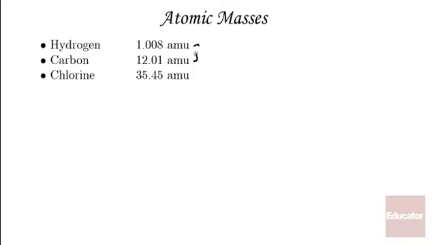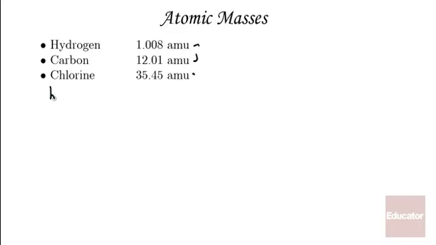The third one, chlorine, is very different. This comes halfway between two different atomic mass units. Let's understand how this can come about by looking at the constitution of natural samples of hydrogen, carbon, and chlorine.